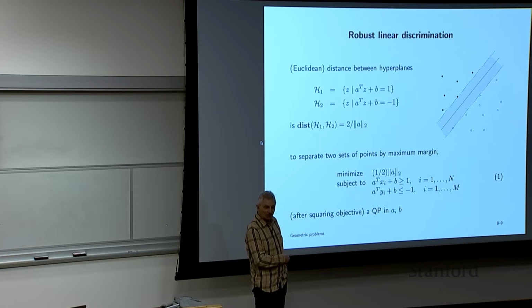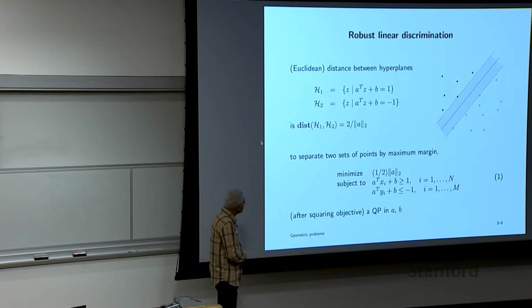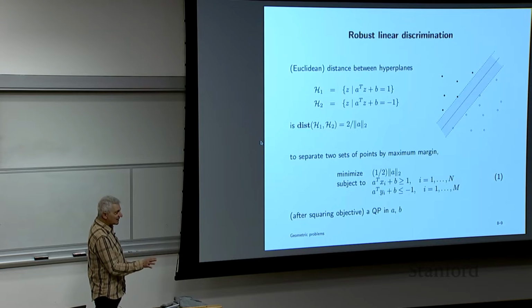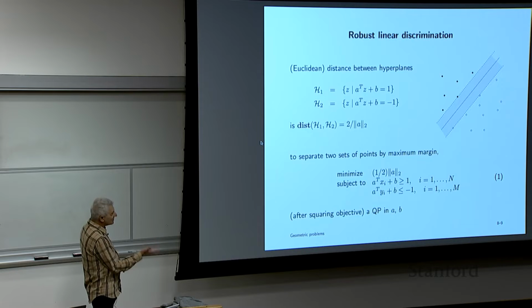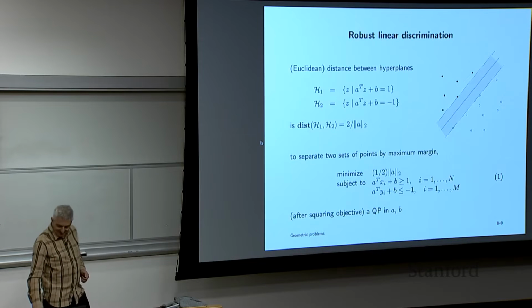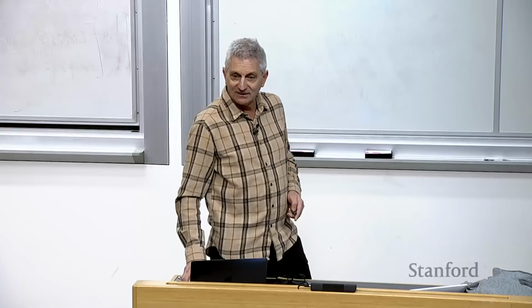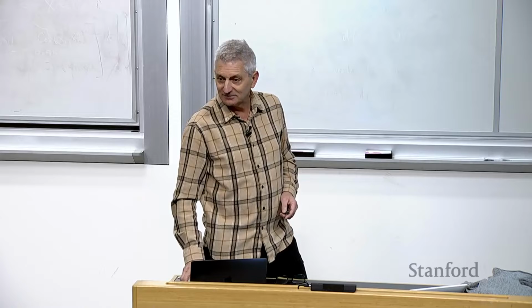Does it all make sense? Okay, and that's a QP. Again, you have to be very careful because you have to see what the variables are. Here the variables are A and B. Xi and yi are data. So that's like robust linear discrimination, is the way you might say it. That's old school machine learning dialect.